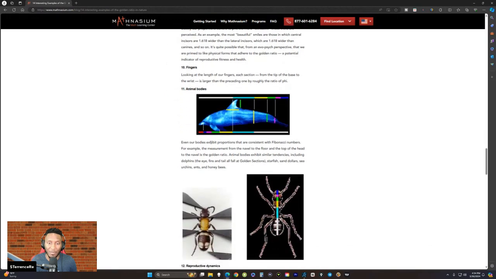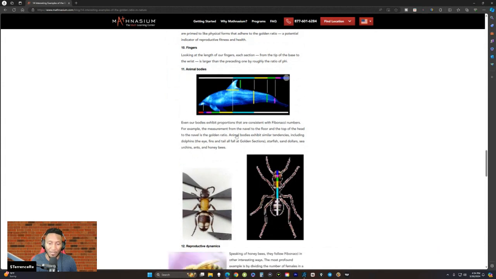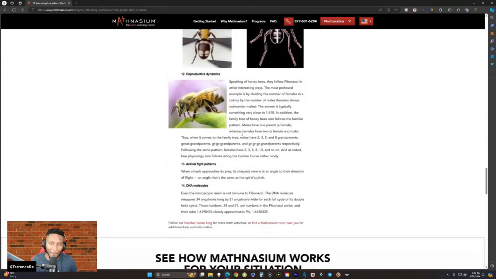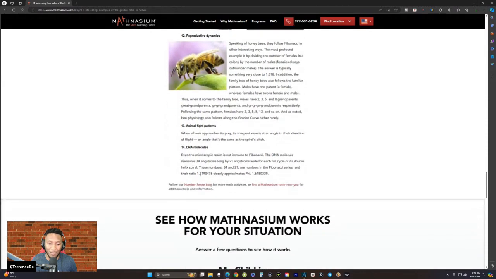Animal bodies, even the bodies exhibit proportions that are consistent with Fibonacci numbers. Look, this ain't made up. It's everywhere. It says DNA molecules. Even the microscopic realm is not immune to Fibonacci. The DNA molecule measures 34 angstroms long by 21 angstroms wide for each full cycle of its double helix spiral.